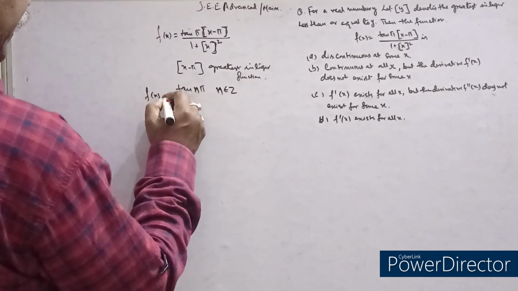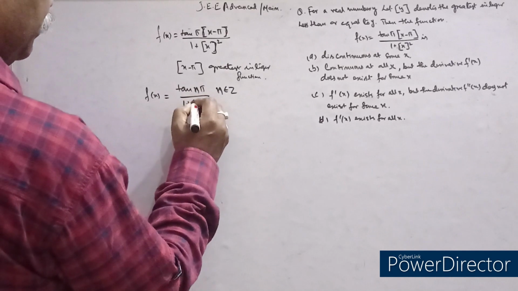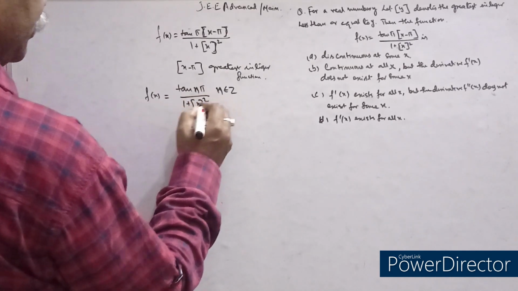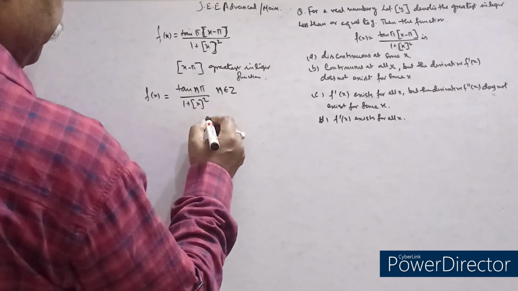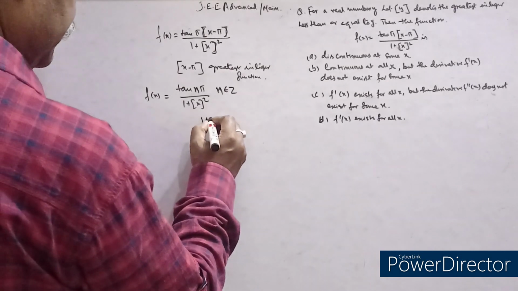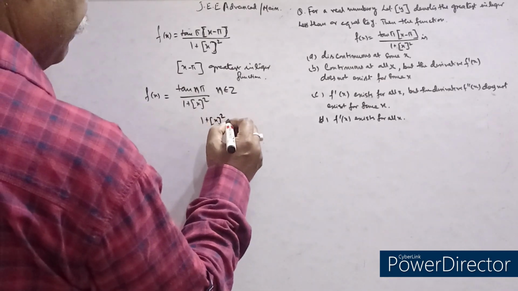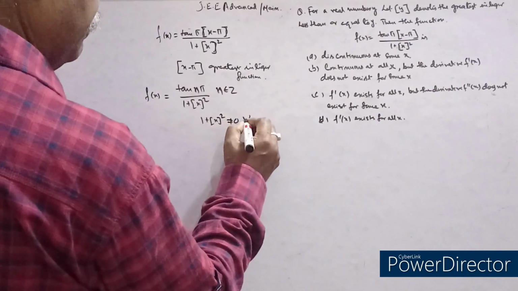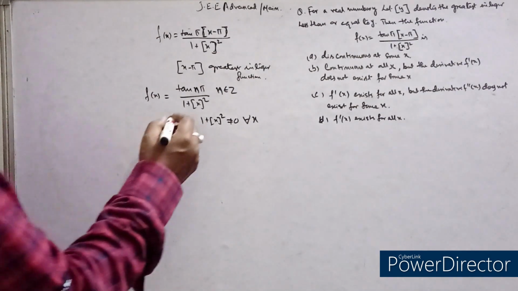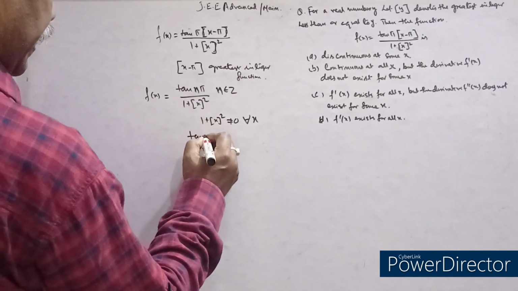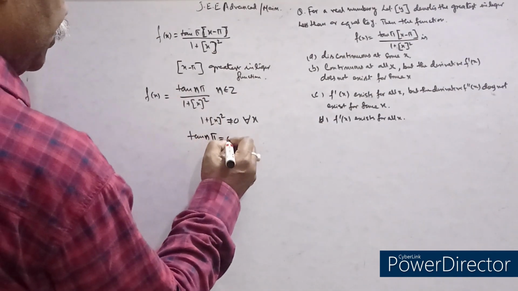So f(x) we can write like this, and again we see that 1 plus x square can never be equal to 0 for any value of x. And your tan(n pi) is always 0.